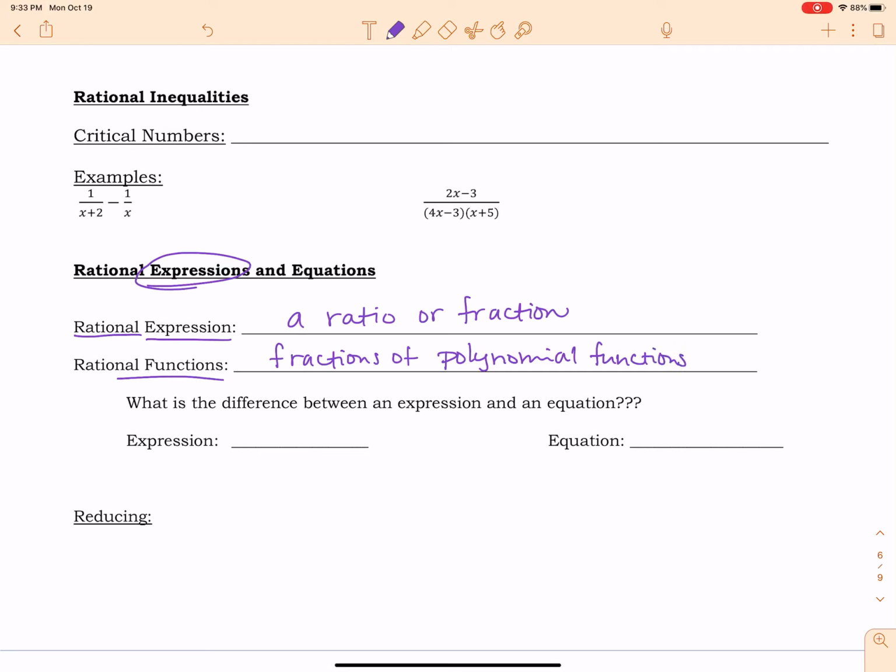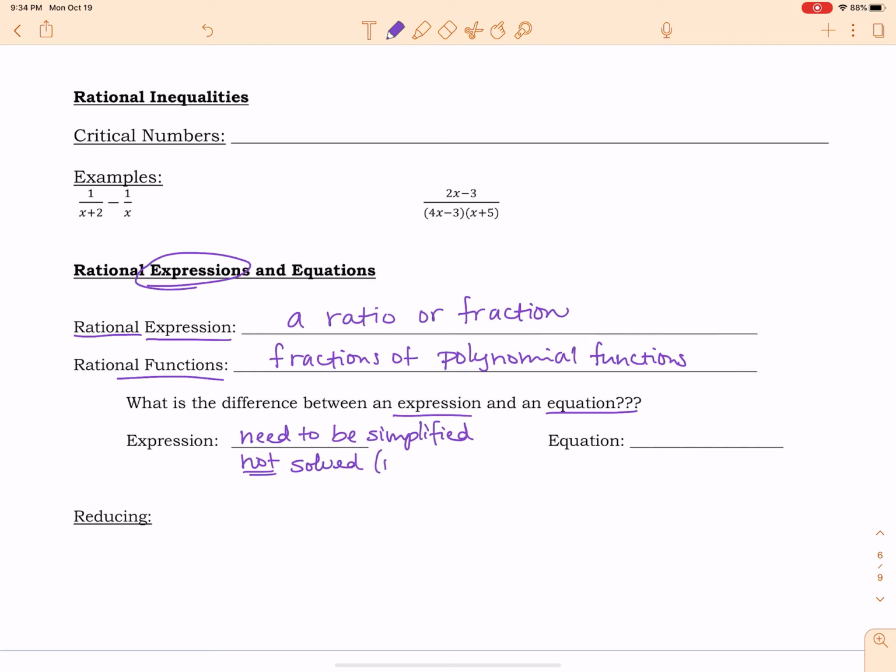All right, what is the difference between an expression and an equation? Well, an expression means that the only thing we need to do with it is to simplify it. So these need to be simplified, not solved.